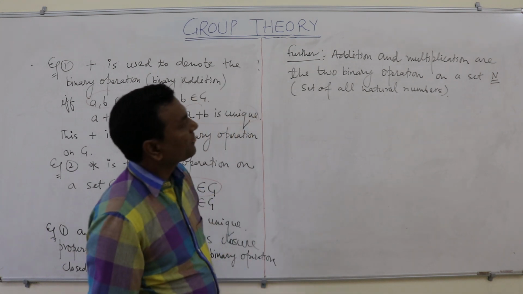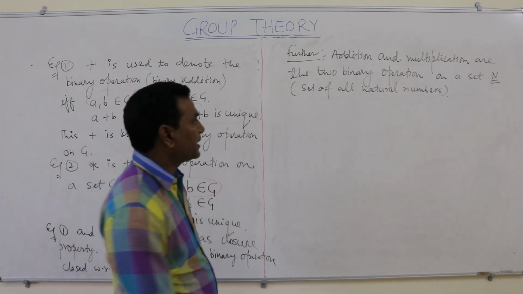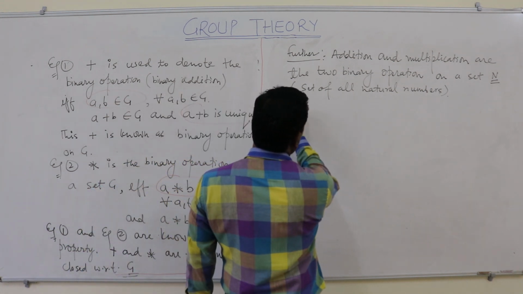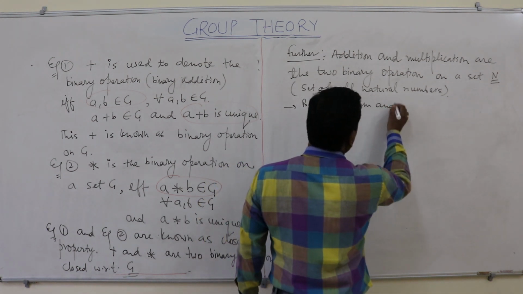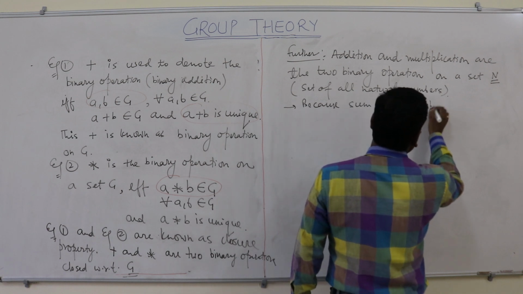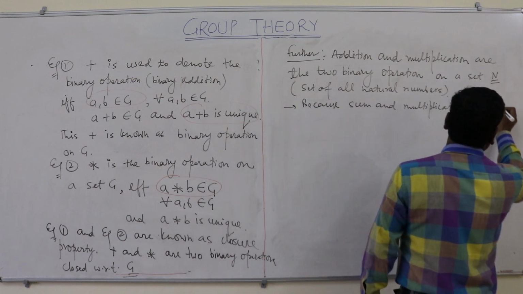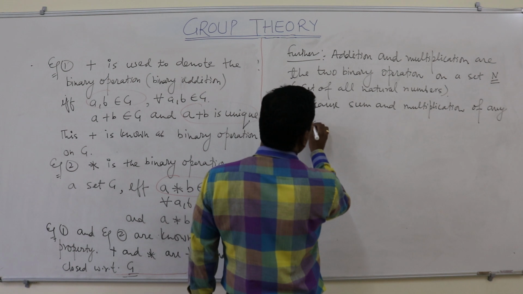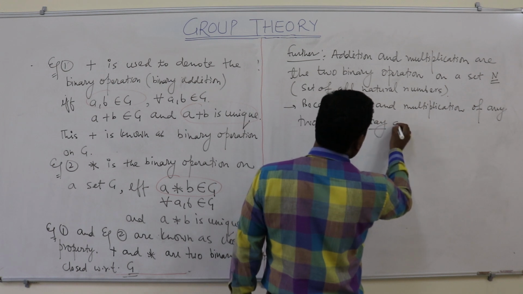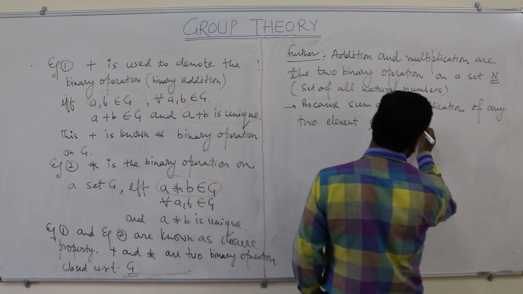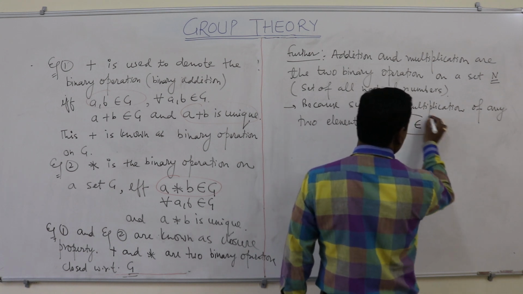We can say this set of natural numbers is closed with respect to addition and multiplication, because the sum and multiplication of any two elements, say A and B, also belong to the set of natural numbers.